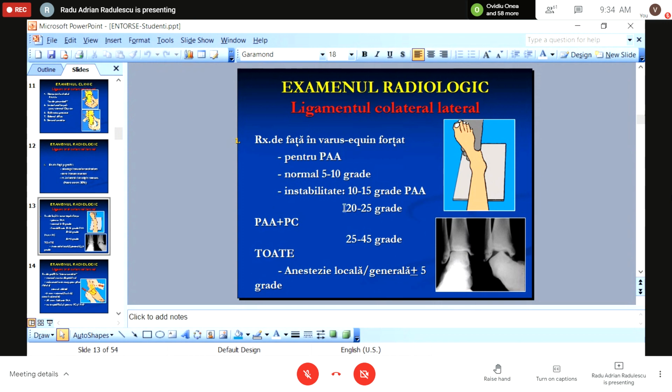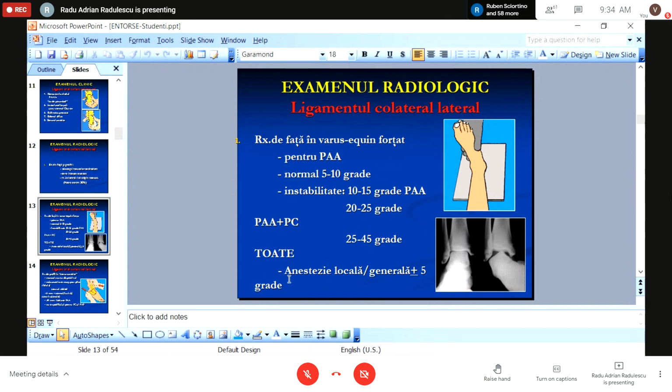If it's 20 to 25 degrees, the first one together with the peroneo-calcaneus ligament. And then if it is towards 40 degrees, like you can see here in this X-ray, probably all three components of the lateral collateral ligament can be involved.